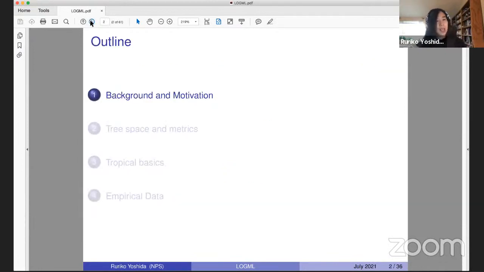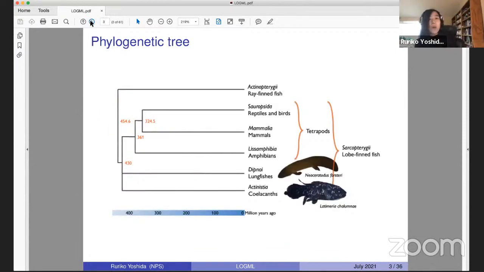Okay, so what is a phylogenetic tree? A phylogenetic tree is a tree representation of the evolutionary history of species or organisms. For example, this is a kind of controversial data set, and we're going to analyze it in the end.